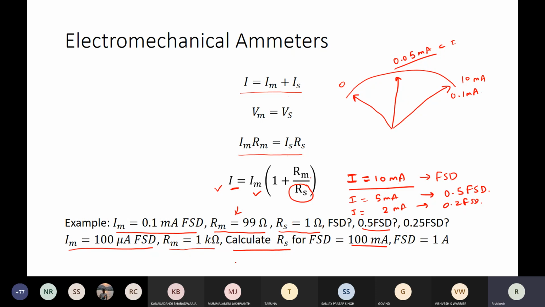Then your equation becomes 1 plus Rm by Rs is I divided by Im, which is 100 milliampere divided by 100 microampere, which is 1000, right? Isn't it? So what is the value of Rs that comes out?